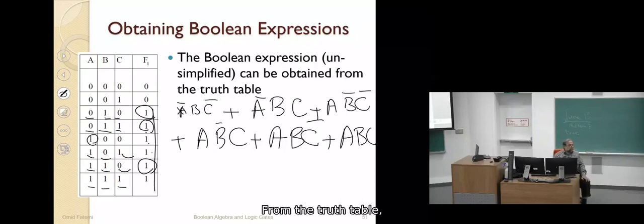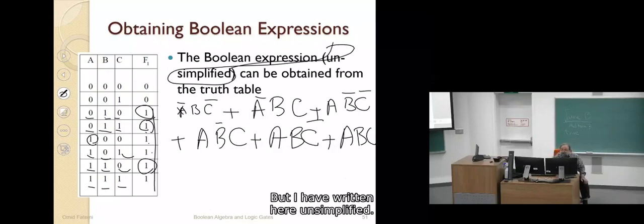So from the truth table, we found out the Boolean expression of f. But I have written here unsimplified. You might be able to simplify this. Let's do a little on that. For example, you see here we have A naught B C, A naught B C naught.